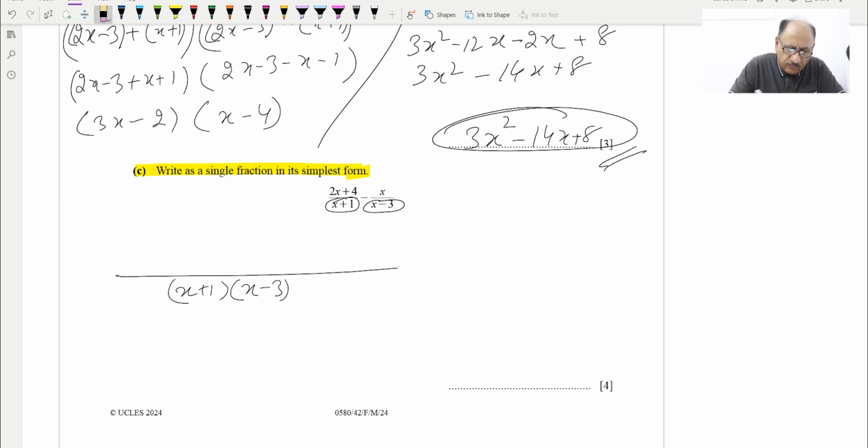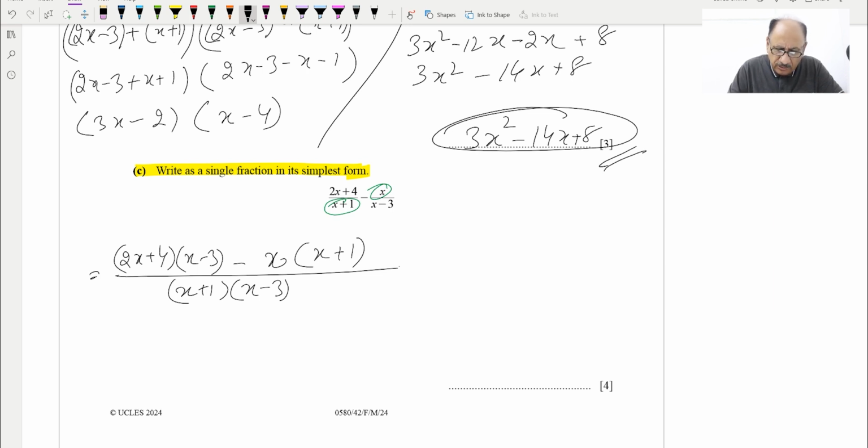Then after that, we will be multiplying this with this one, and writing here 2x plus 4 into x minus 3, and this middle sign which is minus. Then we can multiply this with this and write here, so it will be x into x plus 1.